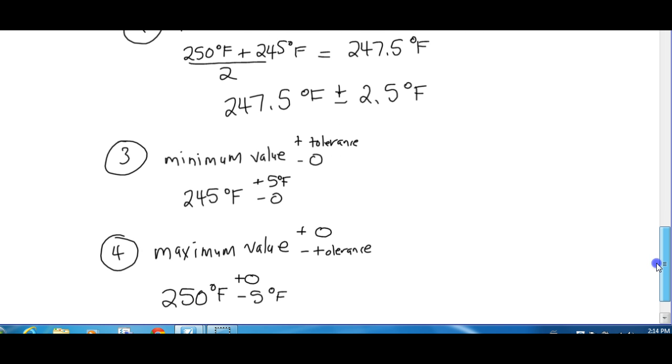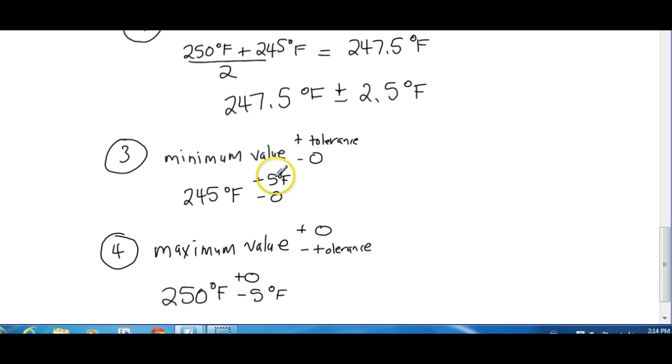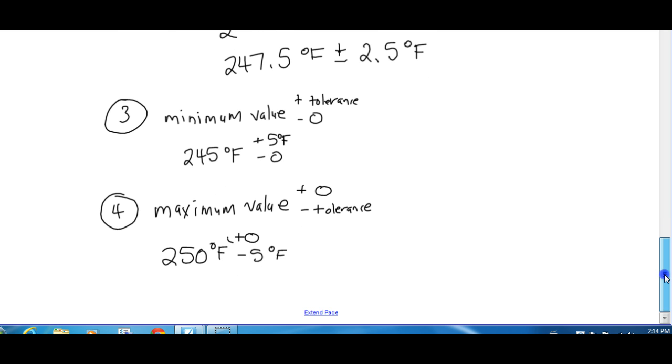I can write it down from the perspective of the minimum value, which means I can add 5 degrees to it to take me to 250, but I can't go any lower. Or I can look at it from the perspective of the maximum value, which is 250 degrees. Can't go any higher, but I can go 5 degrees lower. Okay, so that's how you would write down tolerances. You've got one of 4 choices.